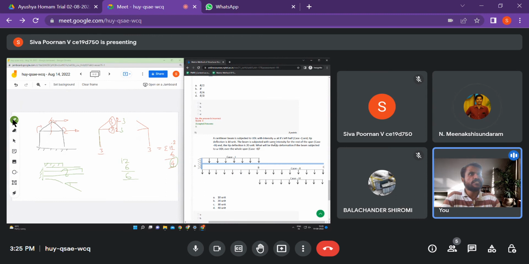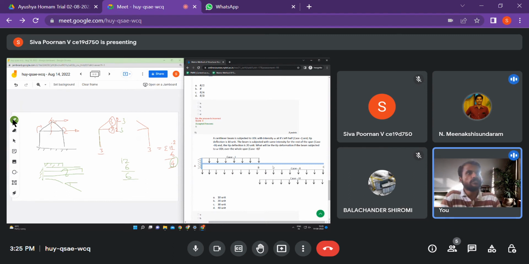And in case 2, the whole beam is subjected to the same load W, and the tip deflection is 20 units. The question is, what will be the tip deflection if the beam is subjected to W UDL over the whole span? This is case 3.